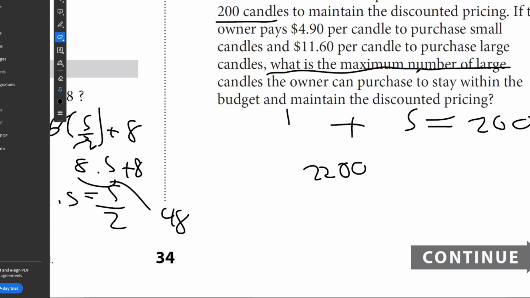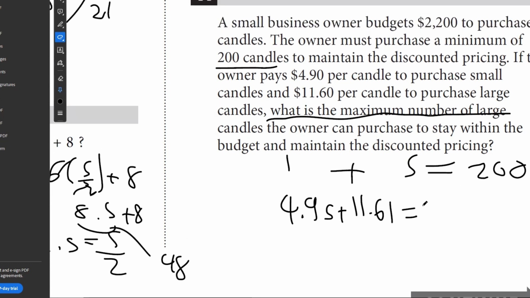So what we can do is 4.9, sorry, 4.90. Actually, you don't have to write that 0 in the end. 4.9 is for small candles. So 4.9 S plus 11.6 L equals $2,200.